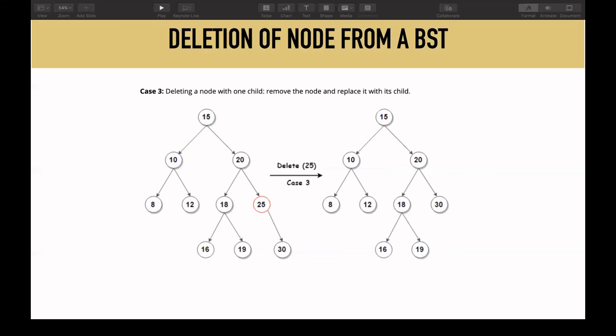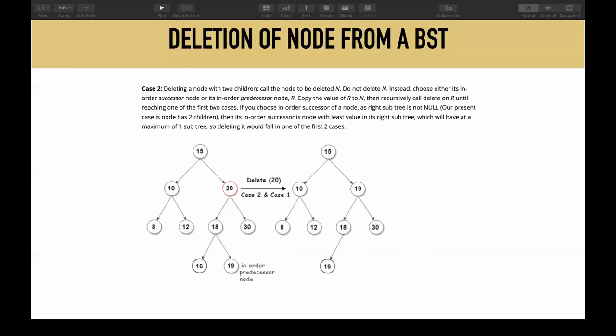Since 25 has only one child, it is very similar to a linked list. You make the parent of that node point to the child of 25. Again, this is pretty straightforward and simple.